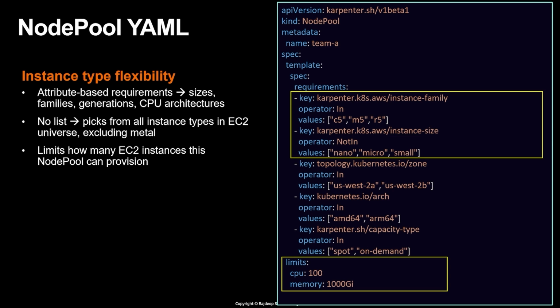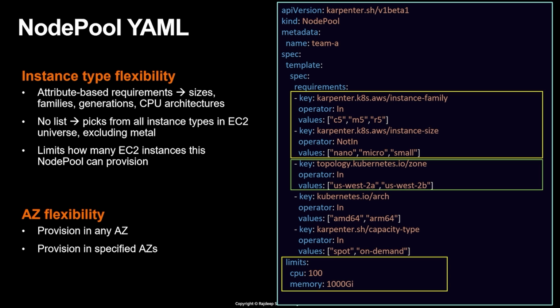So on the bottom, you have CPU as 100 and memory as 1000 GB. So this NodePool can keep on provisioning EC2 instances till the combined CPU cores reach 100 or combined memory reaches 1000 GB for all the EC2 instances that this NodePool provisions.